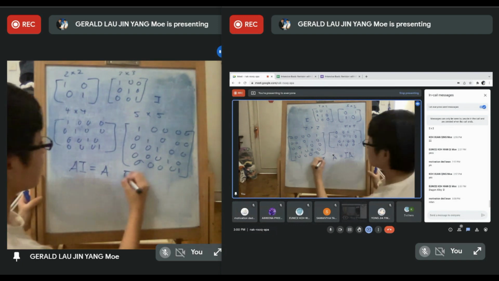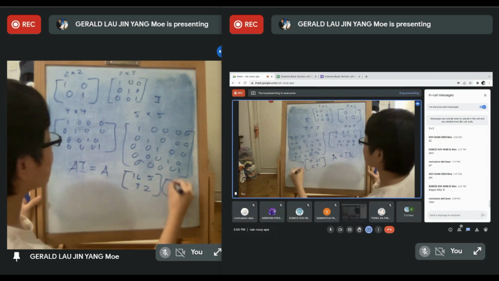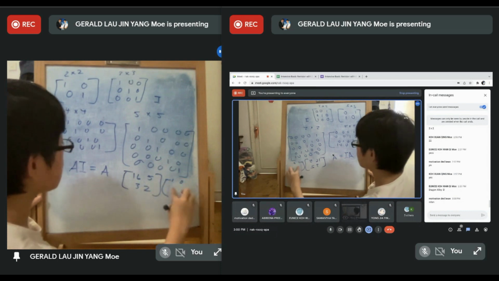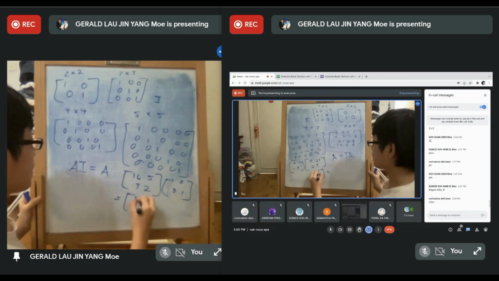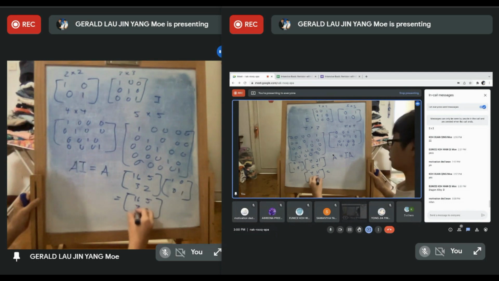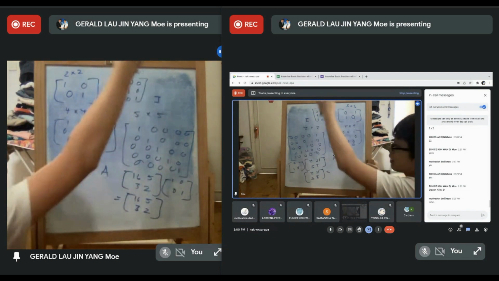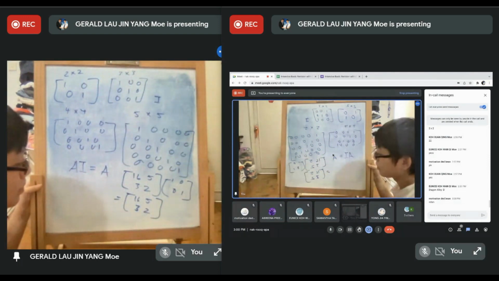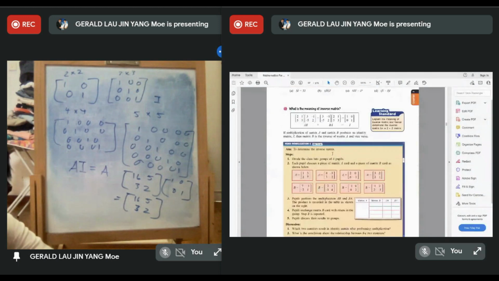Okay, for example, 16, 5, 3, 2, you times an identity matrix 1, 0, 0, 1. You are still going to get 16, 5, 3, 2. You're going to get the same thing. It's like a mirror. Identity matrix is like a mirror. Okay, so this is identity matrix.